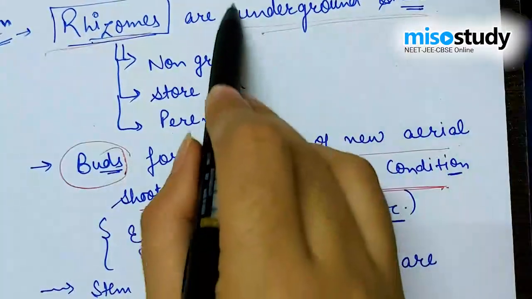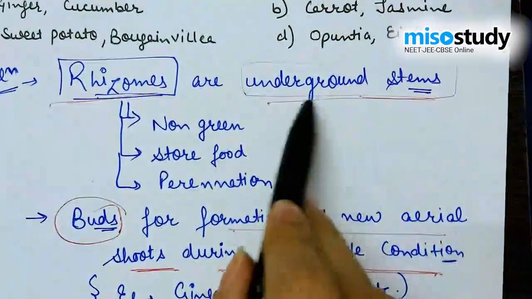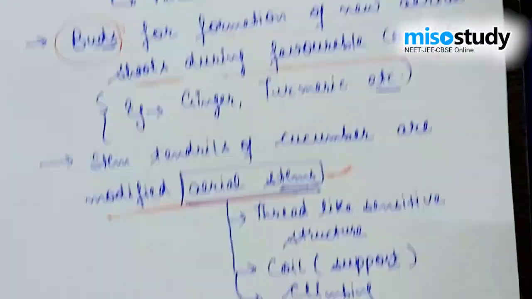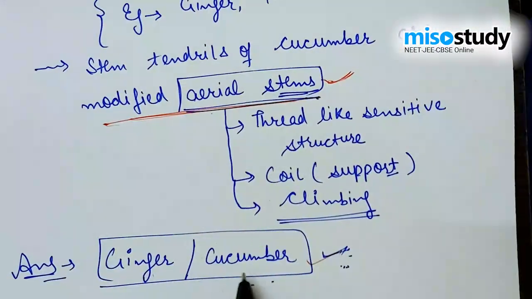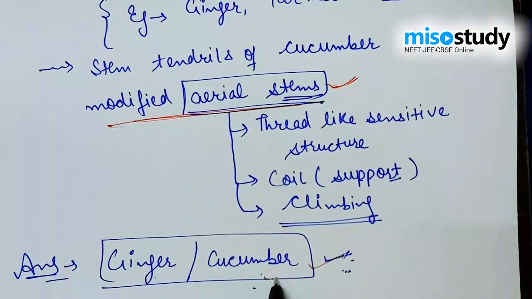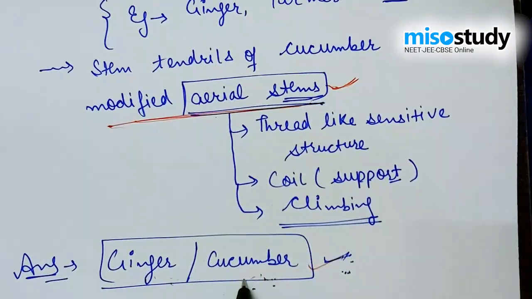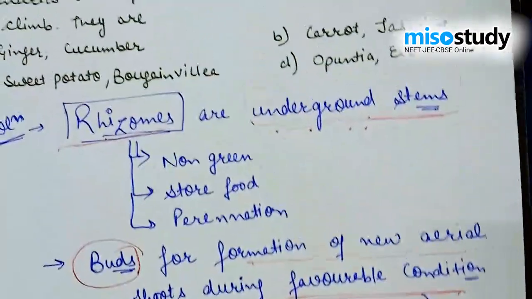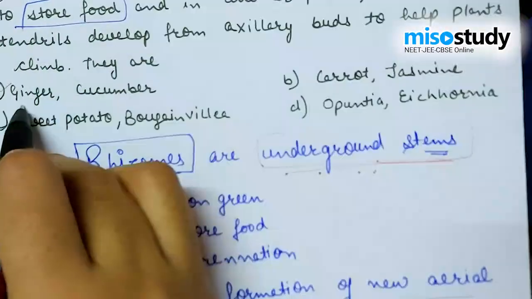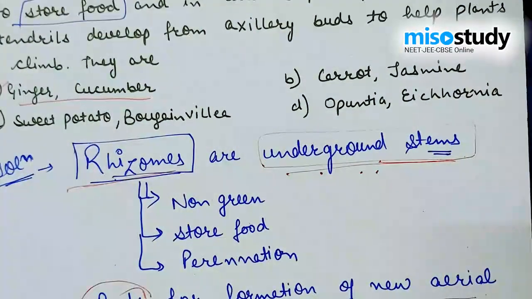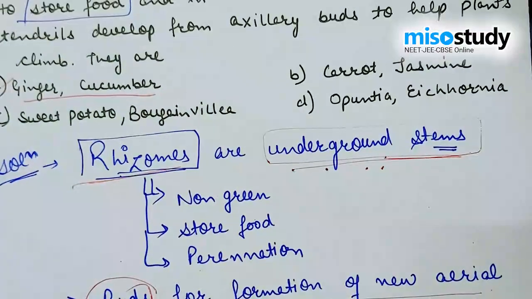Rhizomes are the modified form of underground stem, in which ginger is the underground stem and cucumber is modified aerial stem. Both store food in them. So the right answer is option A, that is ginger and cucumber.